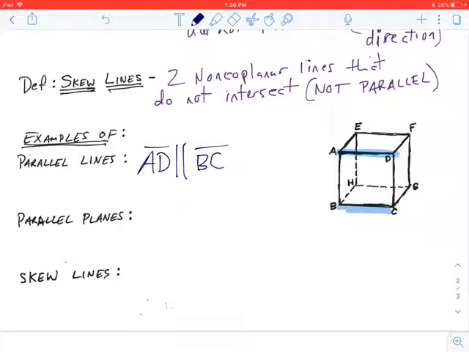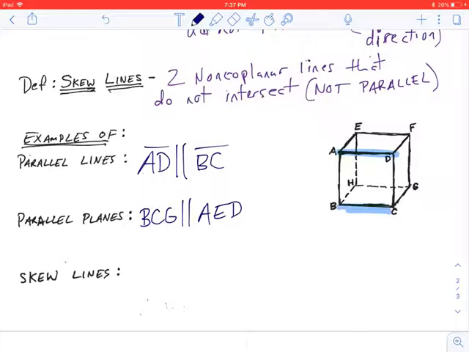Okay. Parallel planes, remember planes are named with 3, so I'm going to do the top and the bottom because those are parallel. I'm going to name the bottom BCG. BCG is parallel to the top, I'm going to call it AED.